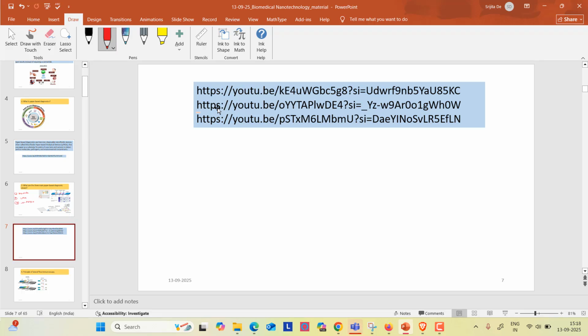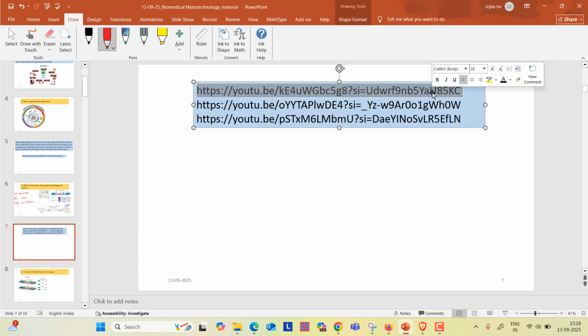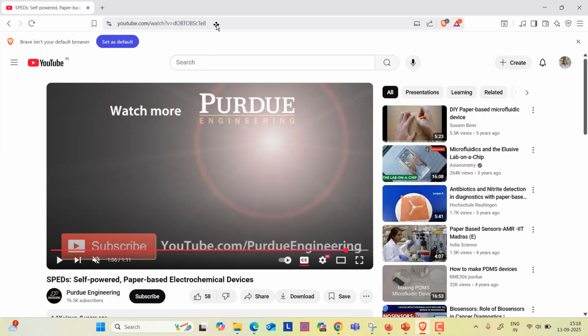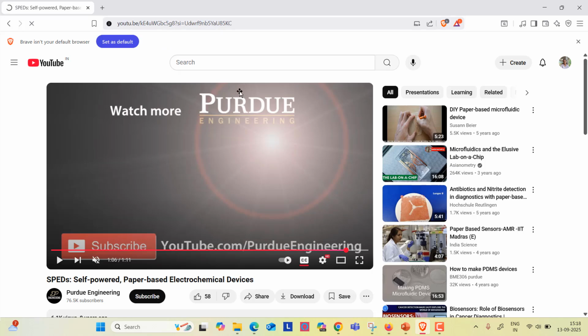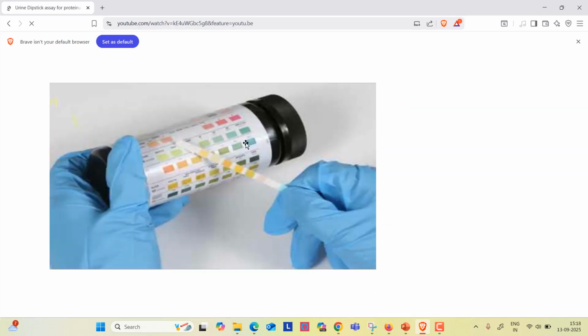So you can see these videos of three different assays. Suppose this one is the dipstick assay. This is a kind of strip available.